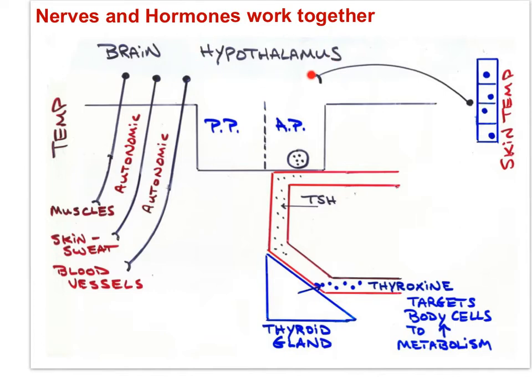As well, the hypothalamus stimulates the anterior pituitary to release TSH, thyroid stimulating hormone, that in turn targets the thyroid gland, stimulating the release of thyroxine. Thyroxine stimulates cell metabolism, resulting in heat production, bringing body temperature up. A classic example of how nerves and hormones serve to maintain homeostasis.